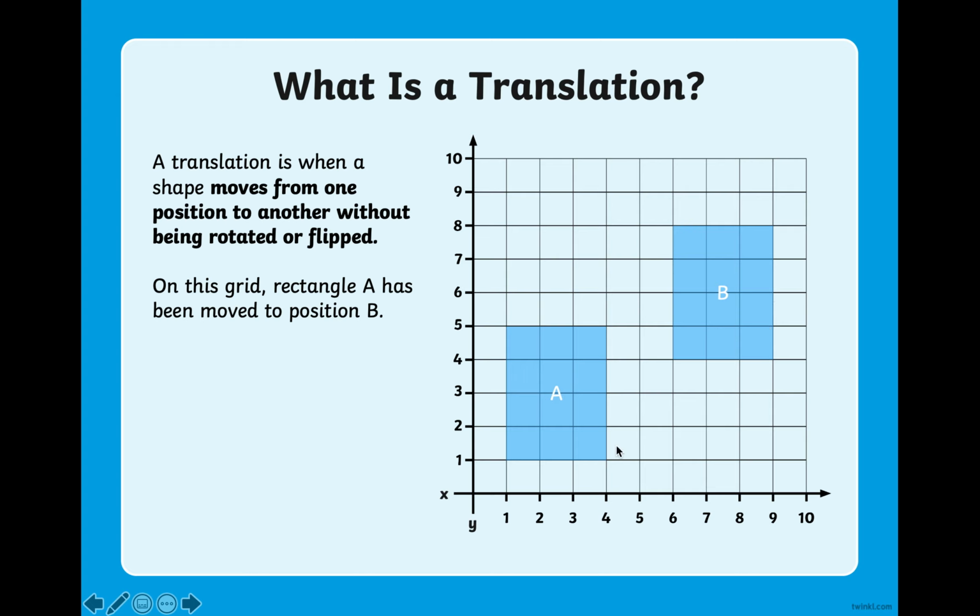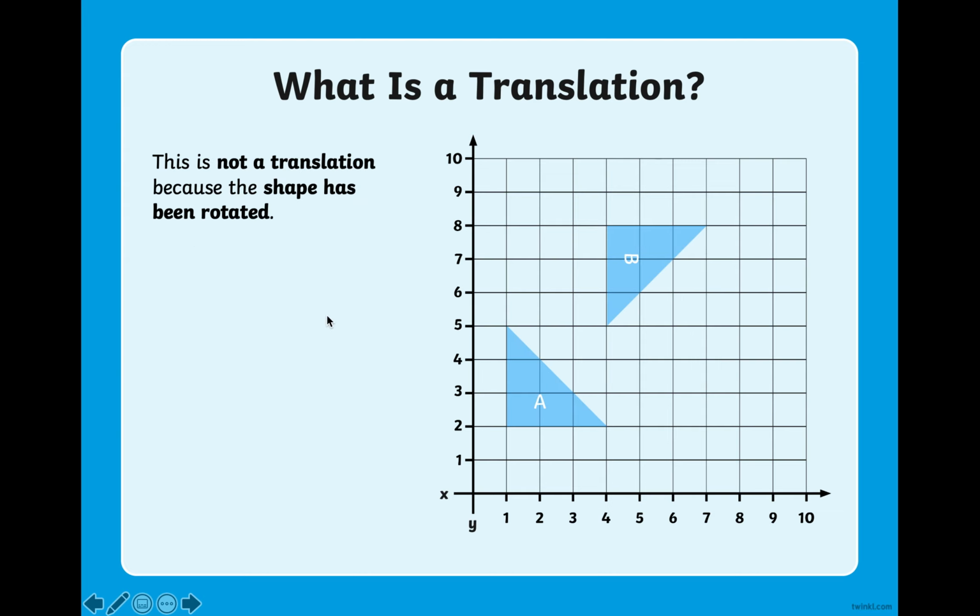You see, 3 up. Same thing here, 5 to the right, 1, 2, 3, 4, 5, and 3 up. Same thing here, 1, 2, 3, 4, 5, 3 up. So that's the translation.